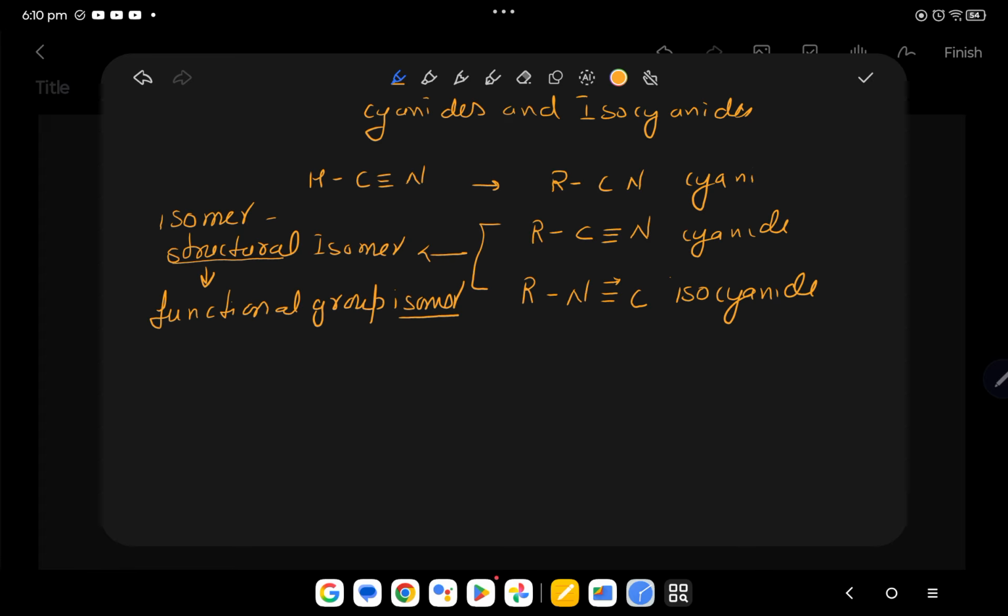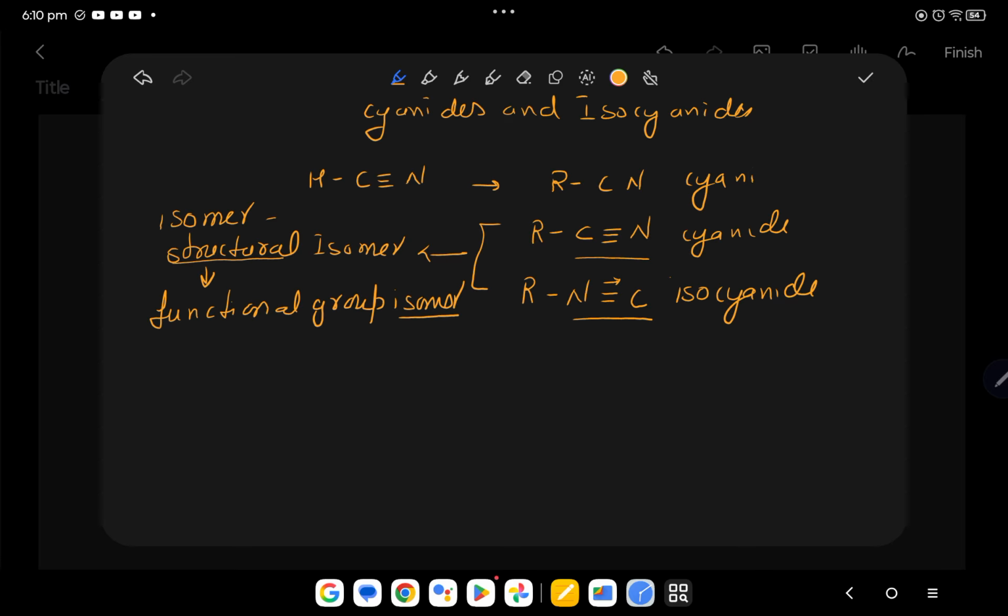That means they have the same molecular formula, different structural formula, and in the structural formula they have different functional groups. So as we can see, they have the same molecular formula, but the functional groups are different. One is cyanide and one is isocyanide.